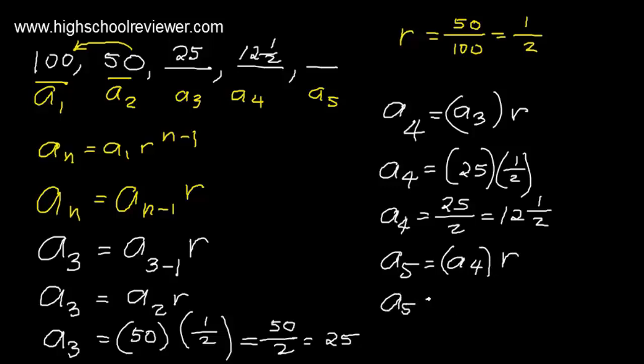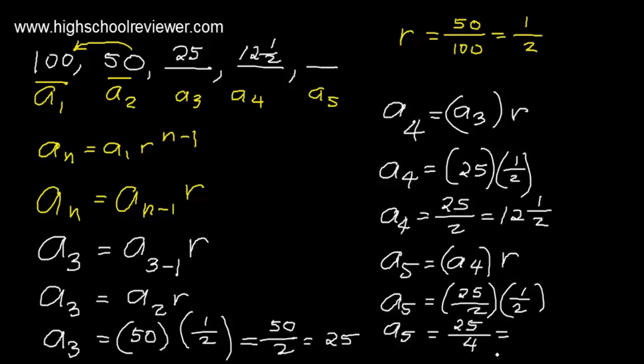So a sub 5 would be equal to, so 12 and 1/2, let's use again 25 over 2 multiplied by 1 over 2. So a sub 5 would be equal to 25 times 1, that is 25, and 2 multiplied by 2 is 4.